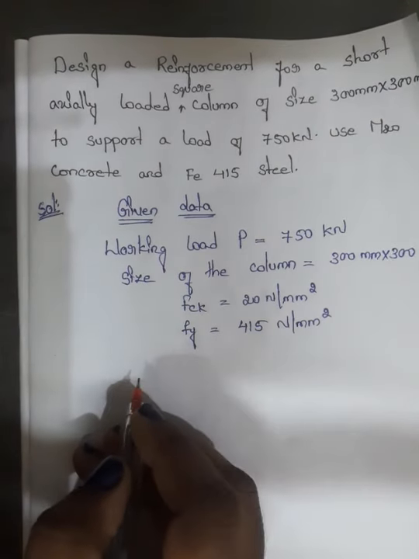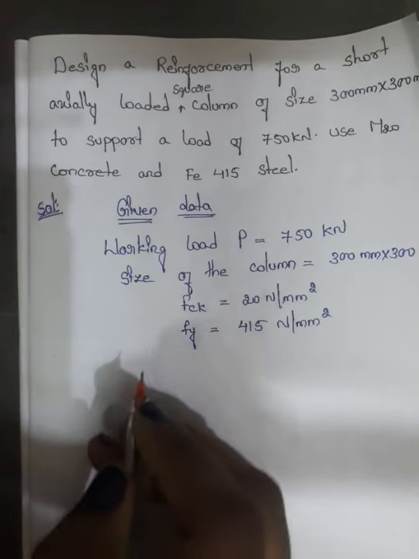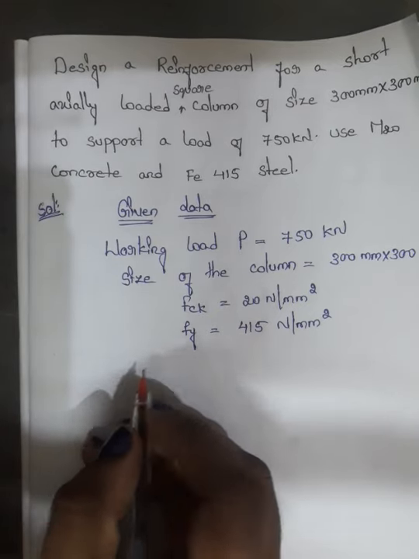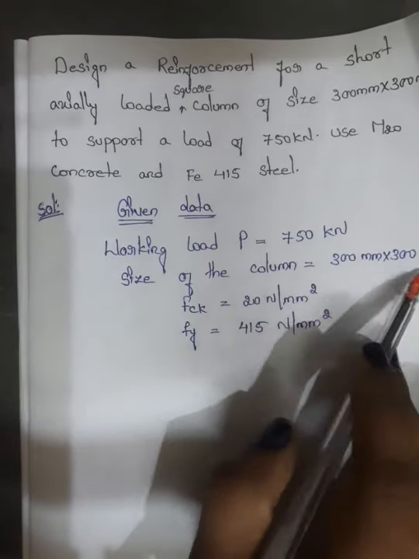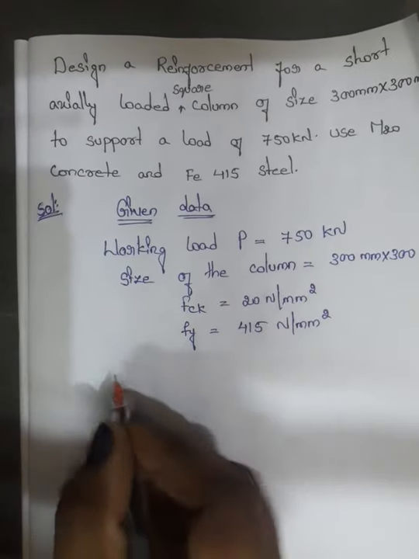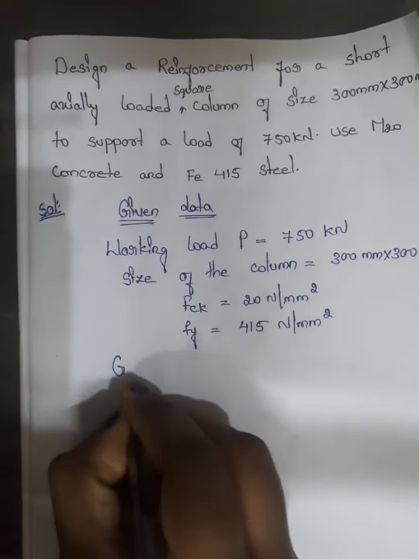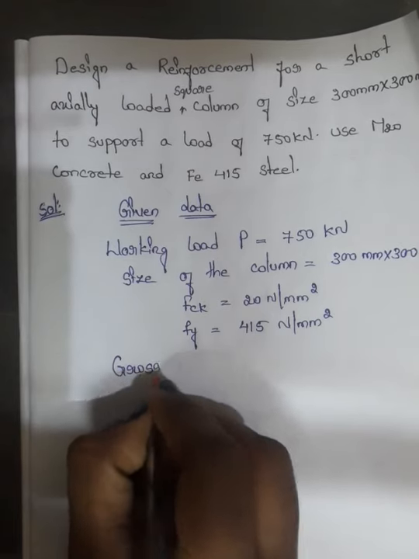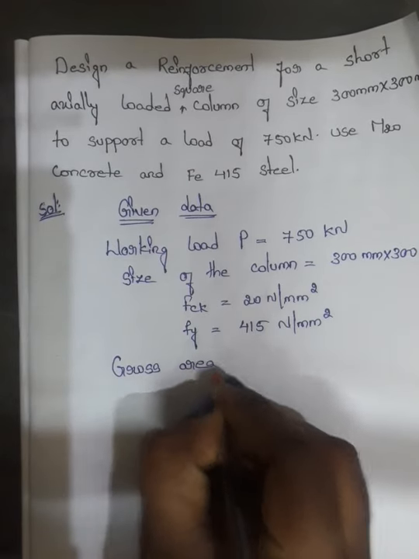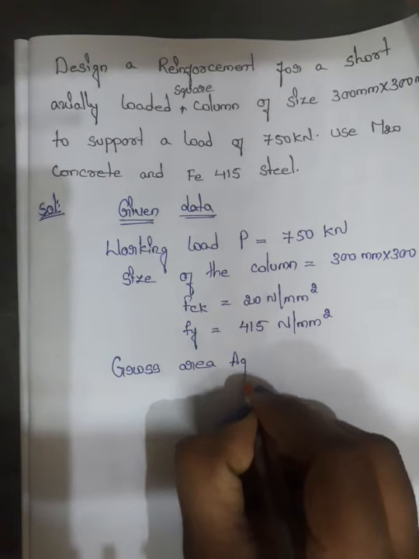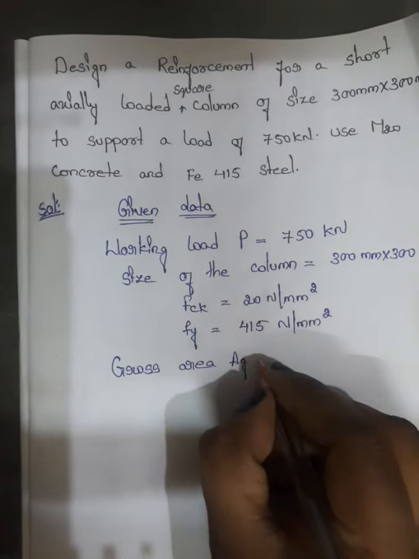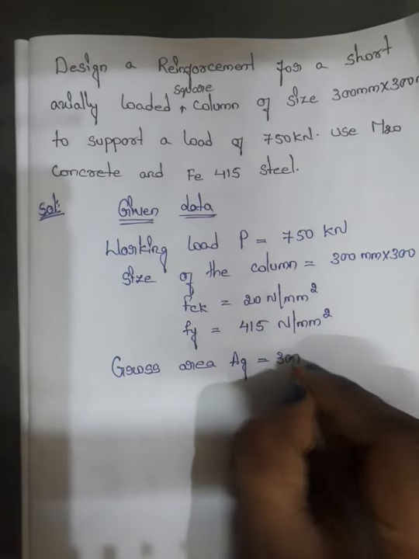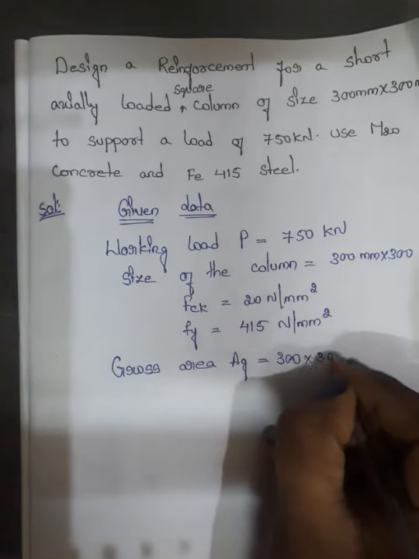So before going into that, we want to find the gross area. So here the size of the column is given, so we'll find the gross area. So gross area is denoted with Ag and which is equal to 300 into 300.